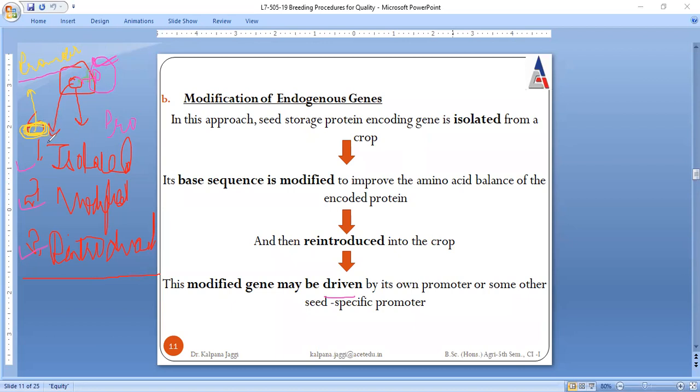So after the modification, its regulation can be by its own promoter or by other promoters, but it is very important that the promoter is again specific to this one only. If the other promoter is not specific to this gene, then it will not work unless it is allowed to be driven by a certain promoter. So this is the modification of endogenous gene. That means the system that is already present within the cell is modified, with the aim that it gives good protein quality, right?